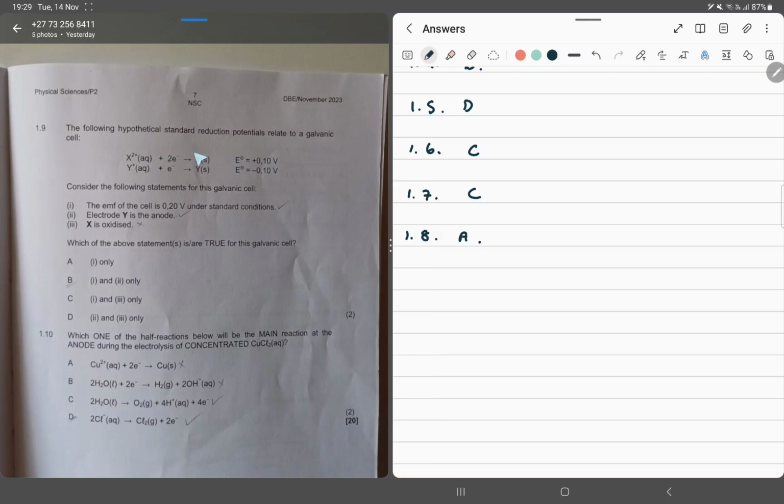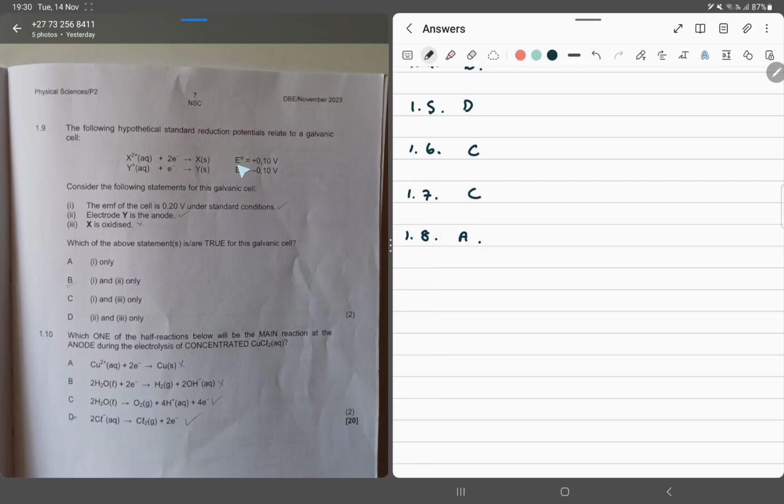All right, so we were told this is a galvanic cell, so most likely we must have a spontaneous reaction. So technically, this is definitely the oxidizing agent, and that one is the reducing agent. Consider the following statements for this galvanic cell. The EMF of the cell is 0.20 volts under standard conditions.